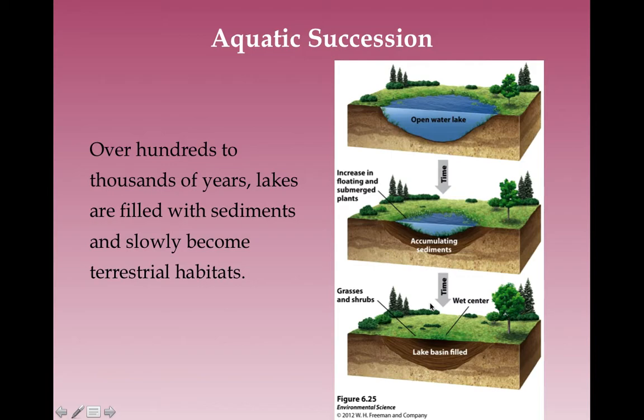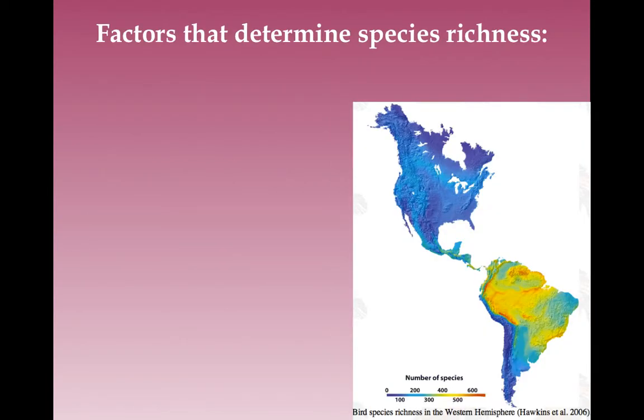But it's just something to be aware of, that lakes aren't always going to be lakes necessarily, if it does get a lot of sediment, and ecosystems change over time.